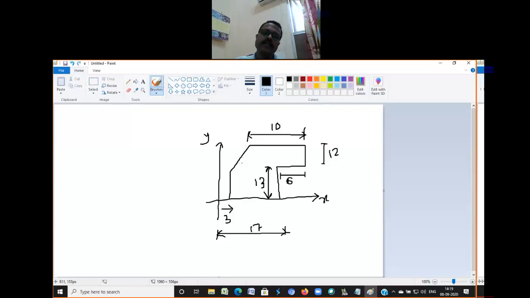And then we have a line, so this angle is, suppose, 38 degree, and then the length of this one is 10 millimeter.